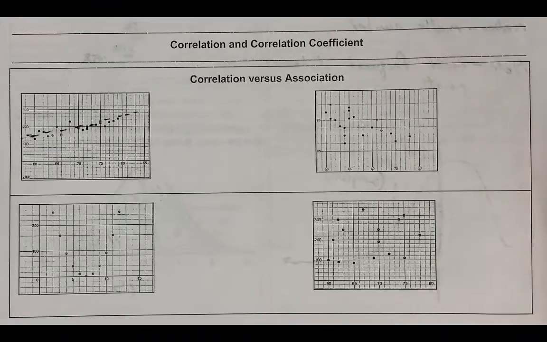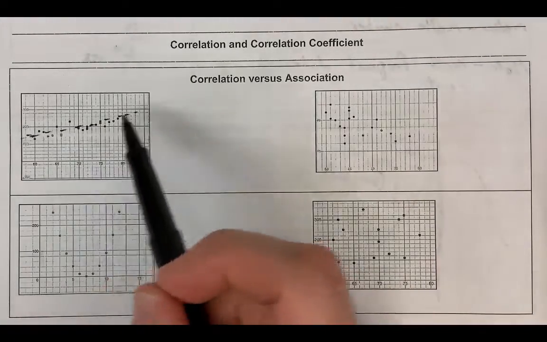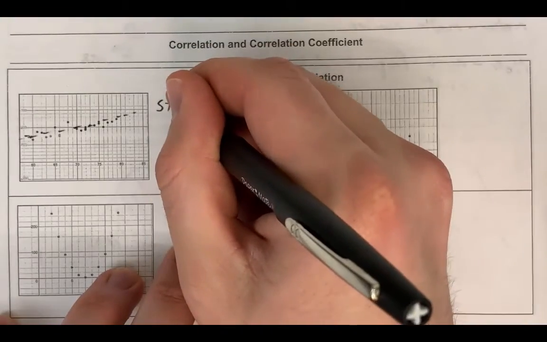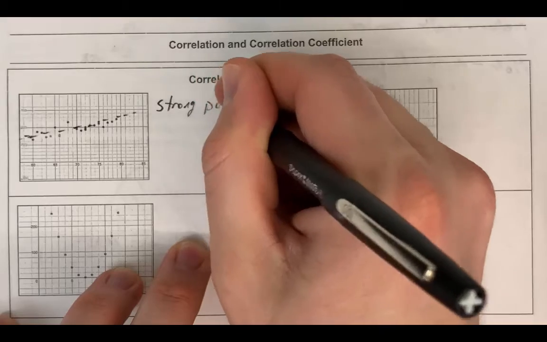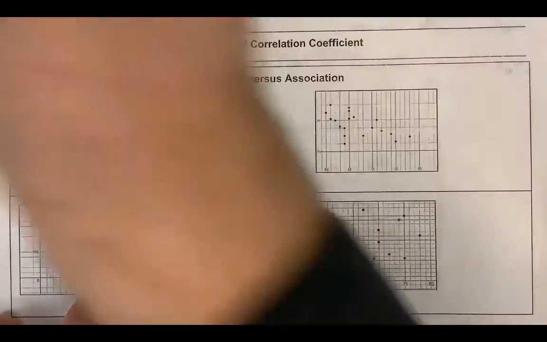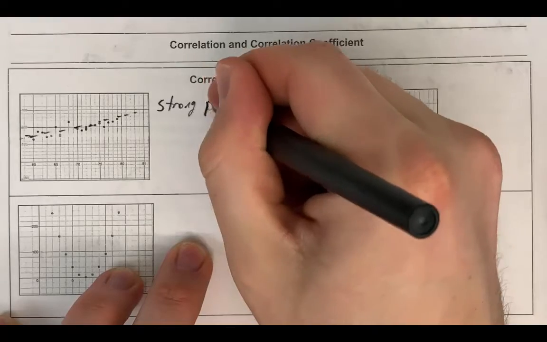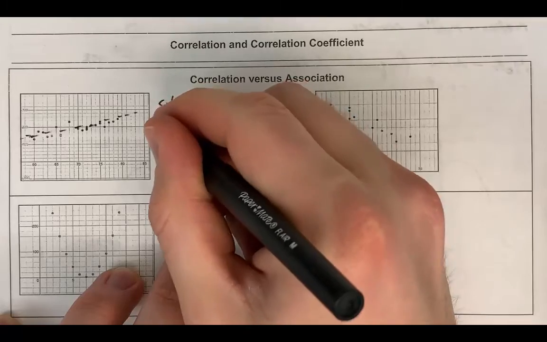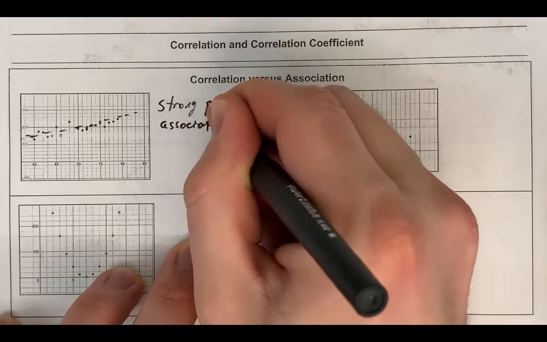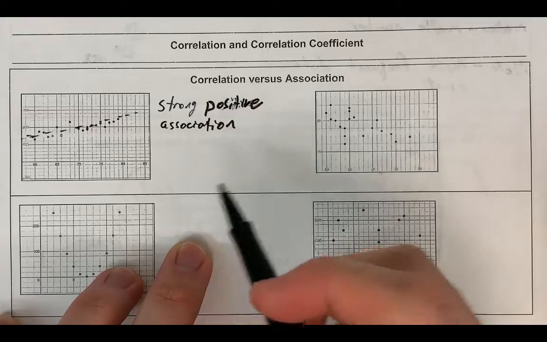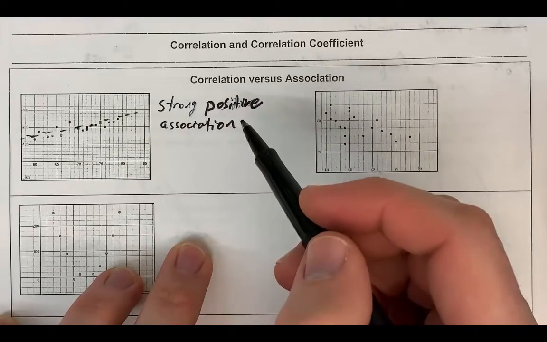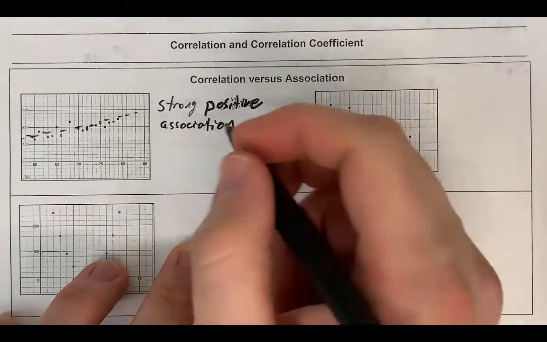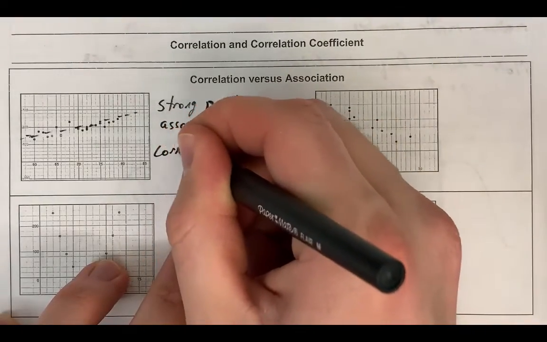So what we could say here is that this data has a strong positive association. In other words, the data is fairly close together, and since it's linear, and we're going to assume both variables are numeric because we're putting it on the xy axis here, so they must be, it also has a strong positive correlation.